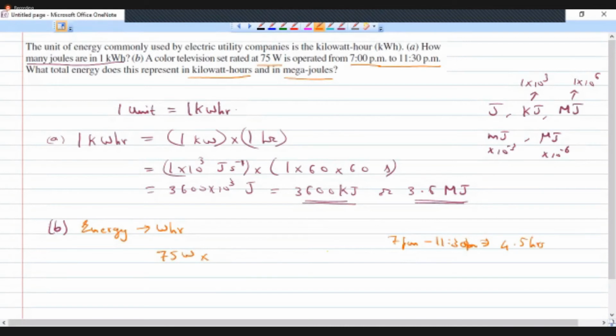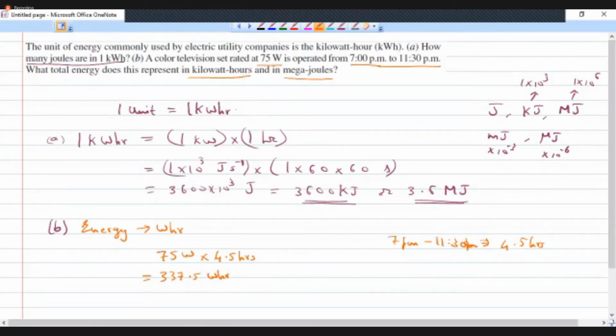So we are having 4.5 hours, right? So that will be equal to 337.5 watt hour. Okay, but we are asked how many units are consumed.